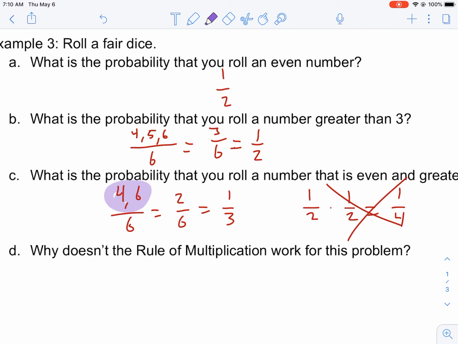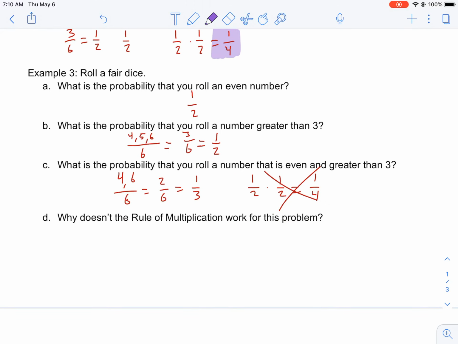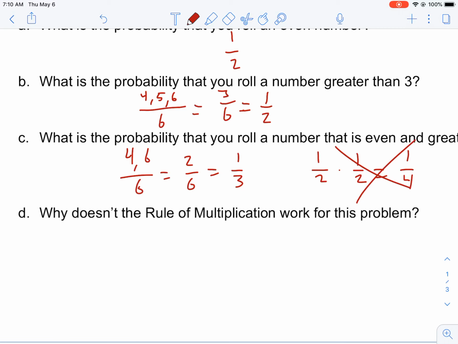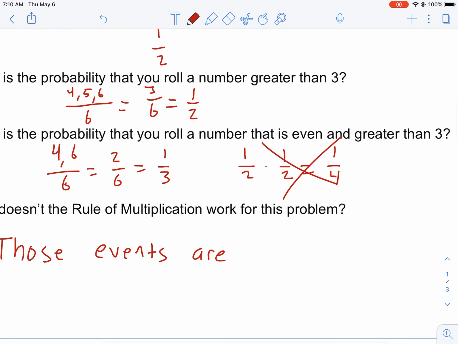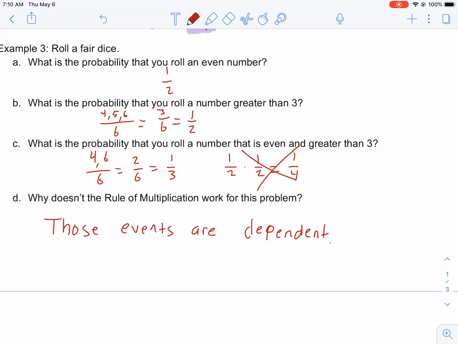So why doesn't the rule of multiplication work for this problem? Those events are dependent. Looking at only numbers greater than 3 does actually change the probability that the number is even, right?